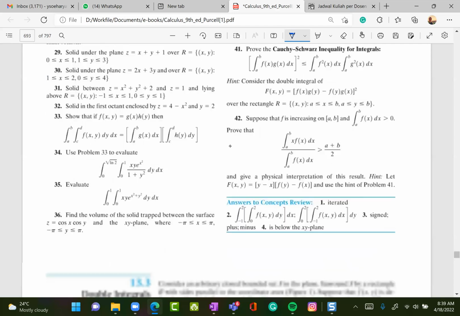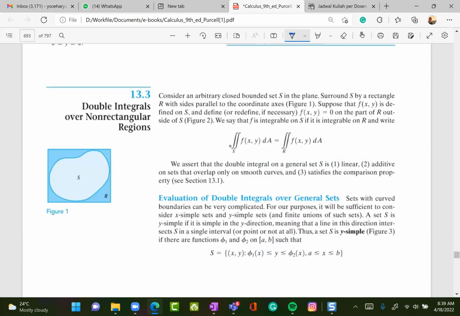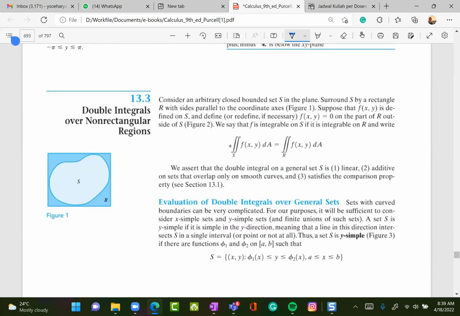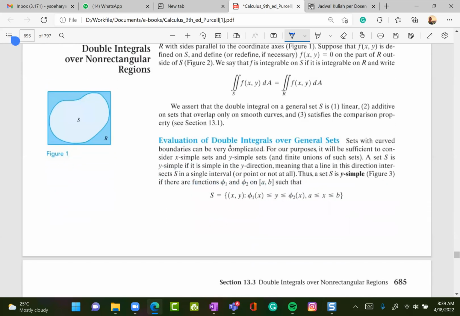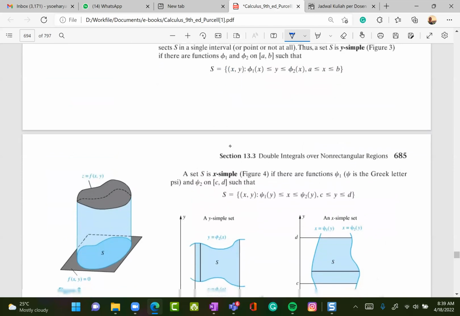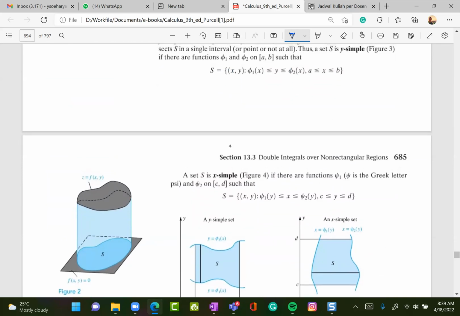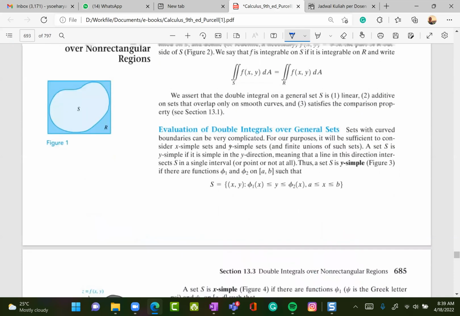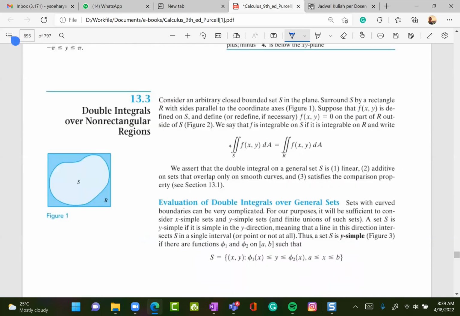Now, let's skip that first. So let's do double integrals over non-rectangular regions. Let's just explain a couple of things here. We'll do some integrations over the region S now, which is not a rectangle.